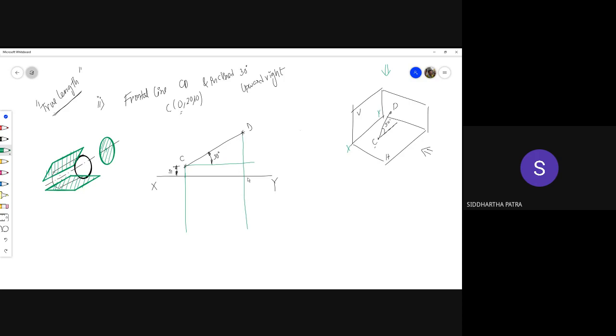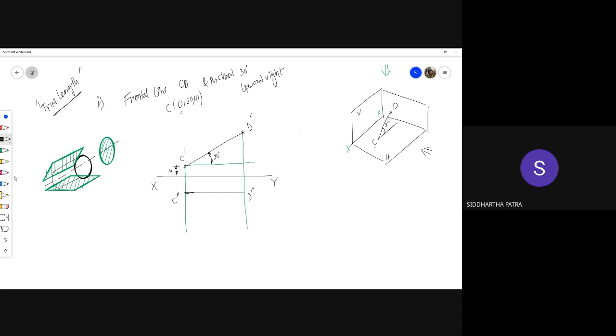So this xy line on your top view represents the vertical plane, and then this would be your vertical projection.